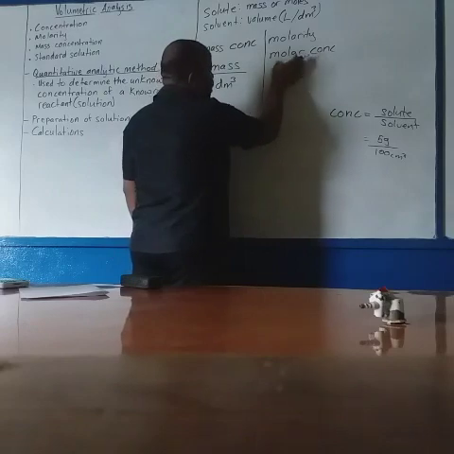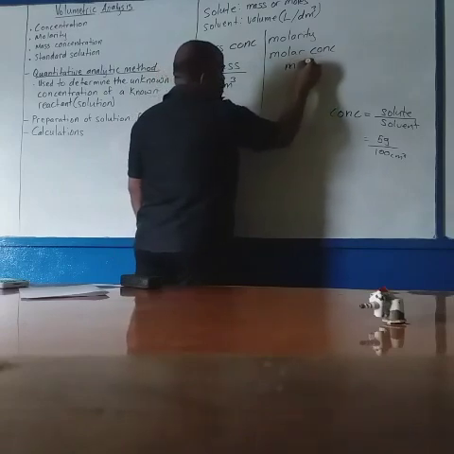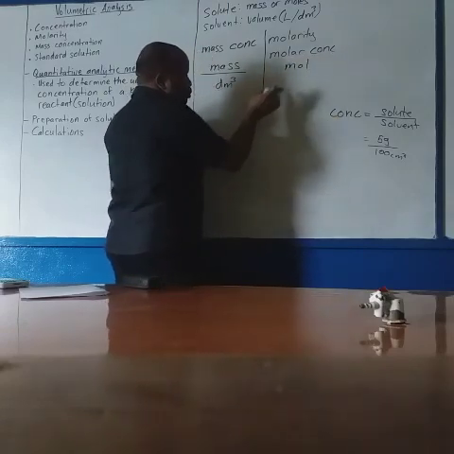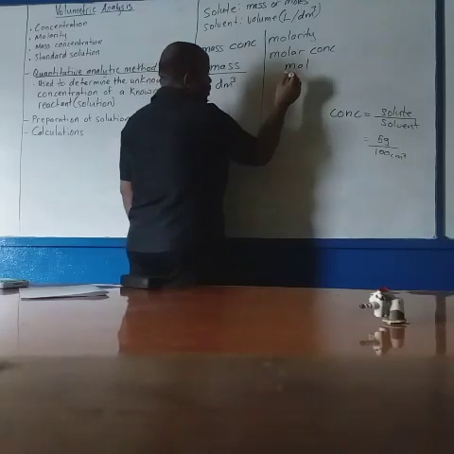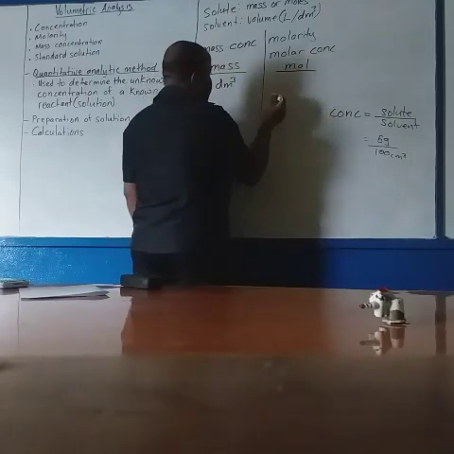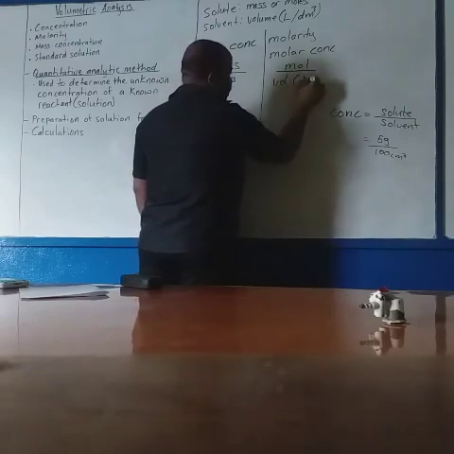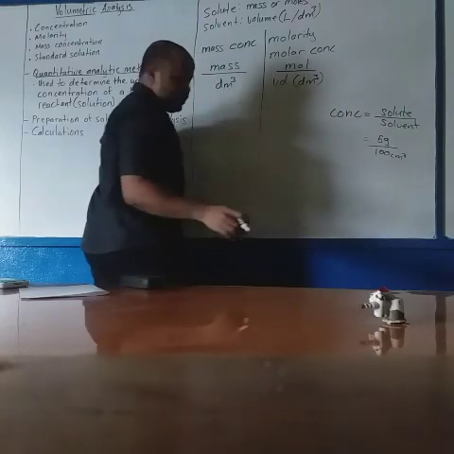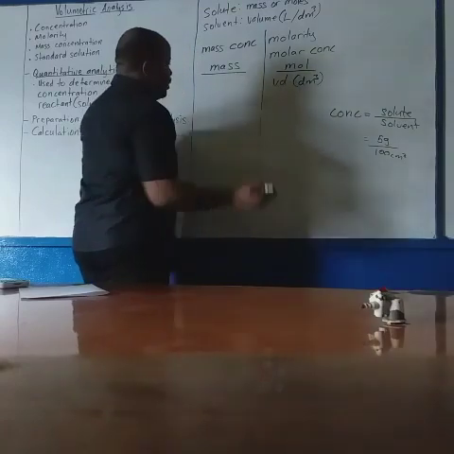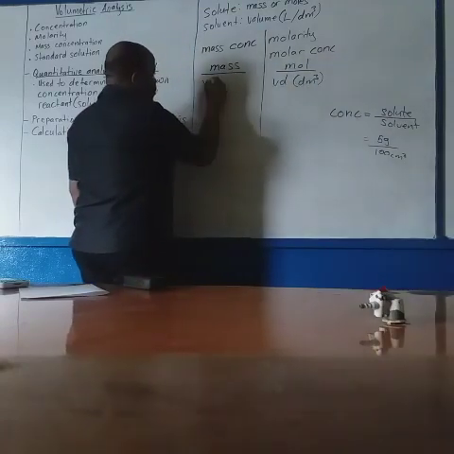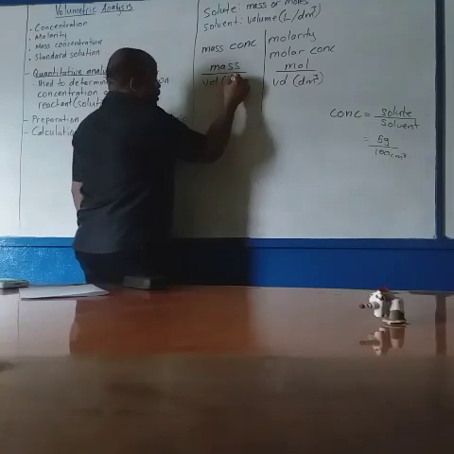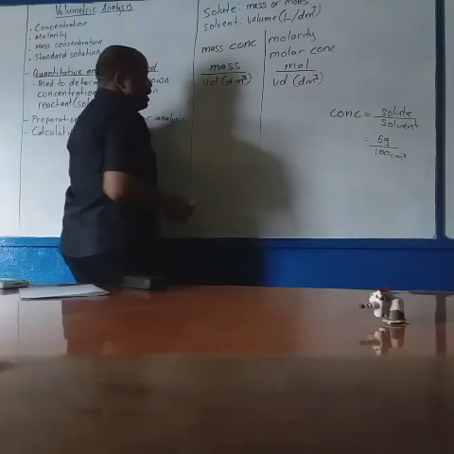So if we are finding molar concentration, that means our solute would be in terms of moles. So it would be mole over volume, and the unit for our volume is dm cube. And mass concentration would be mass over volume, and the unit is also dm cube.